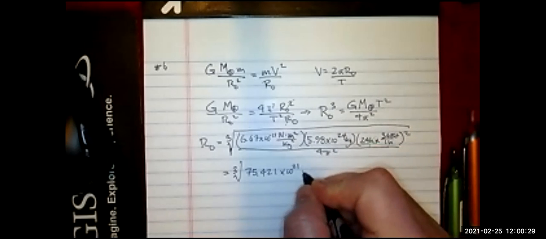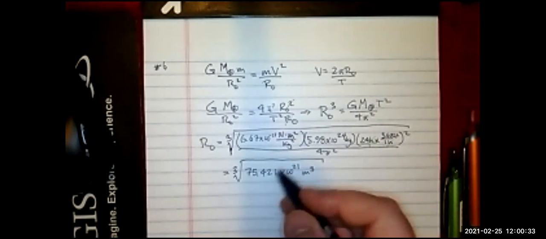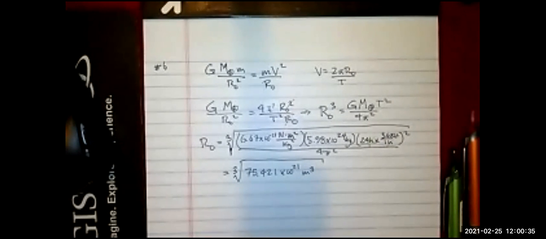So I actually have meters cubed as the final unit under there, which is good because we've got to take a cube root of it. So now I'm just doing it old school because it's easier. I just put the answer raised to the 0.333333 power.